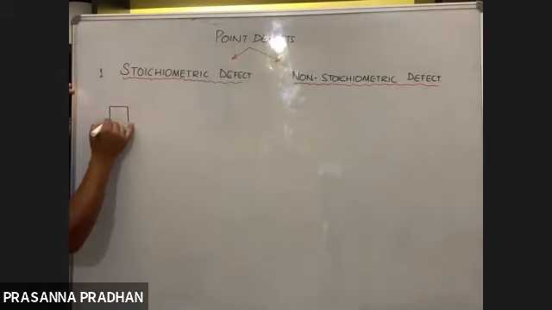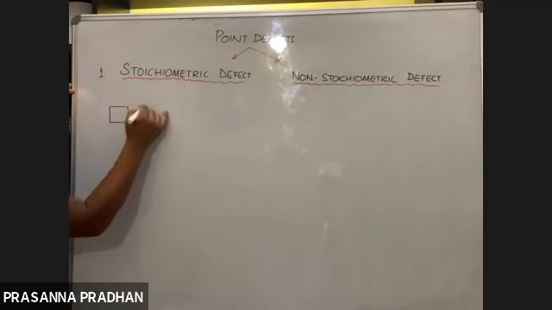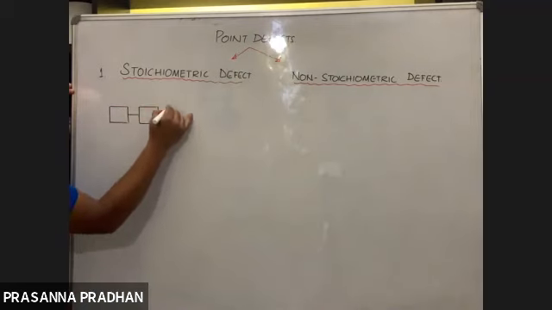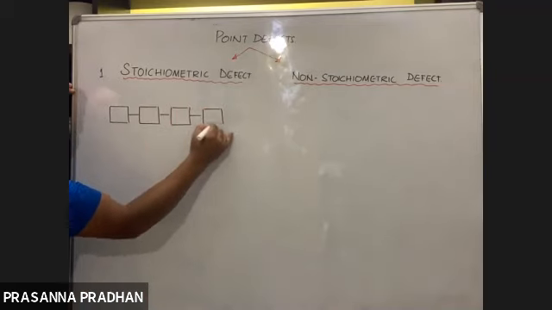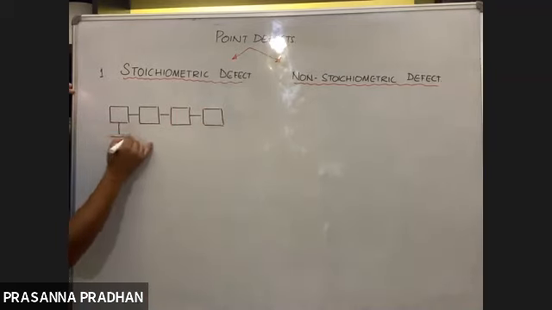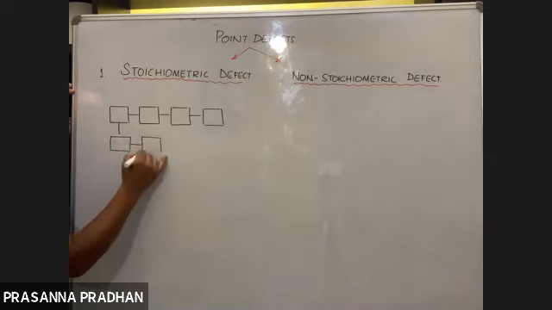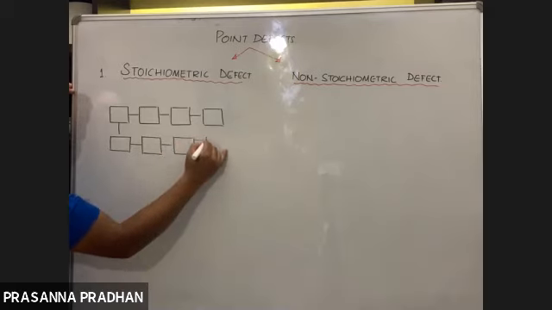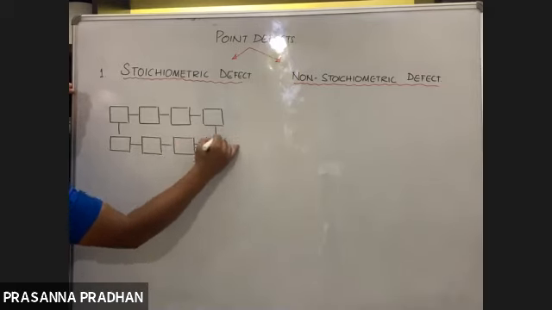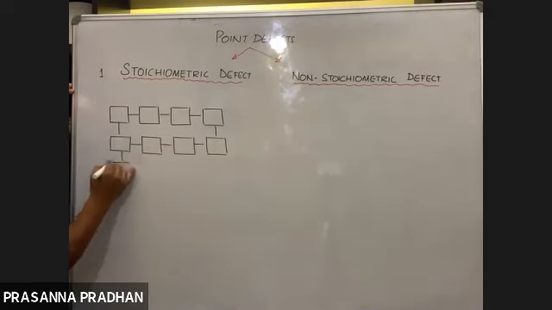The lattice points can be represented by this circle or by this square. The exam can give you anything. This represents the lattice points. Lattice points mean these positions are occupied by some particles, which might be atoms or ions.